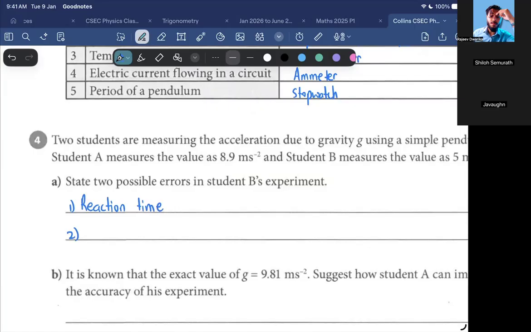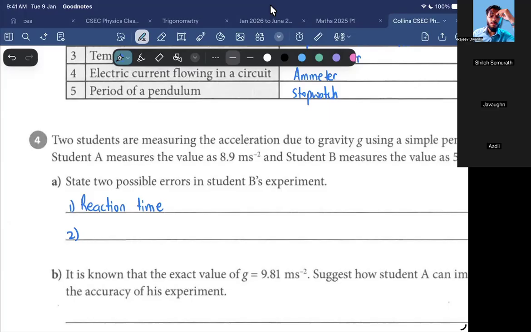Two. What could they use? I have a question. If they use a stretchy string, what do you think will happen? Do you think the experiment would behave how it should, or would you introduce another variable? Well, the length would change. Think about it, doesn't length affect the period?